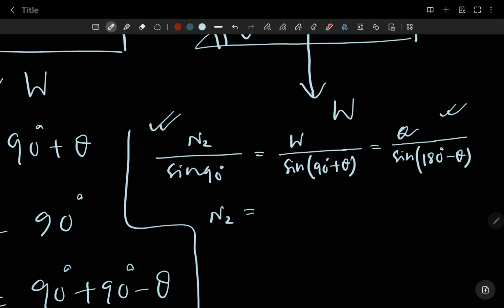So N2 will be, sin 90 is 1, sin 180 minus theta is sin theta, Q by sin theta.